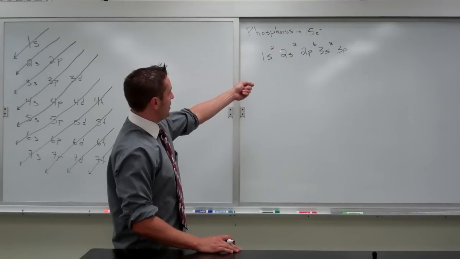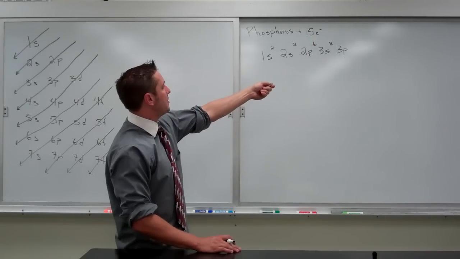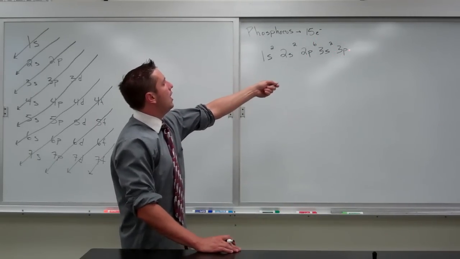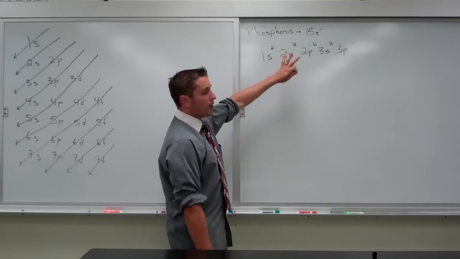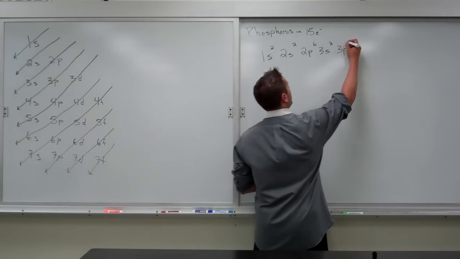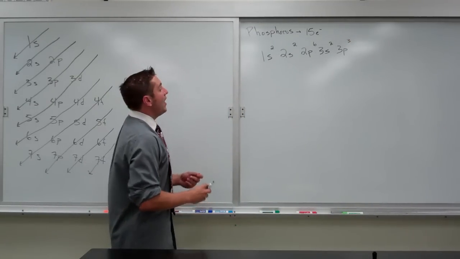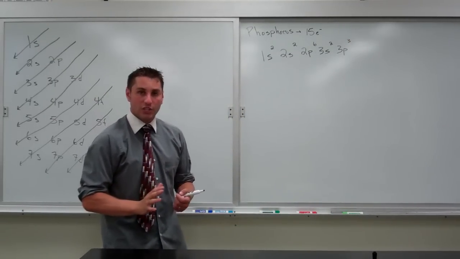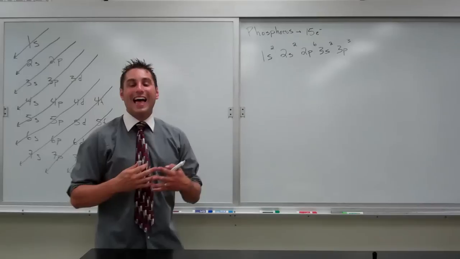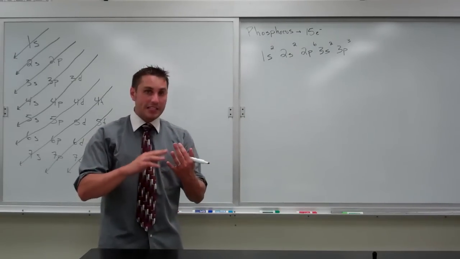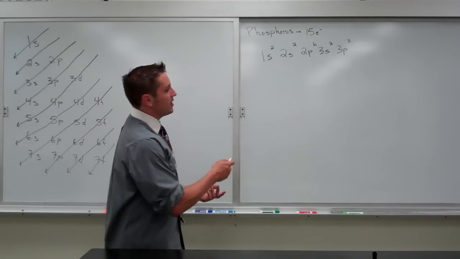So the s has to be 2, the other s has to be 2, the p has to be 6, but because phosphorus only needs 3 more electrons, we will only put 3 electrons in that orbital. The only orbital that can be partially filled is the last one. It can be an s, a p, a d, or an f, but it has to be the last one.